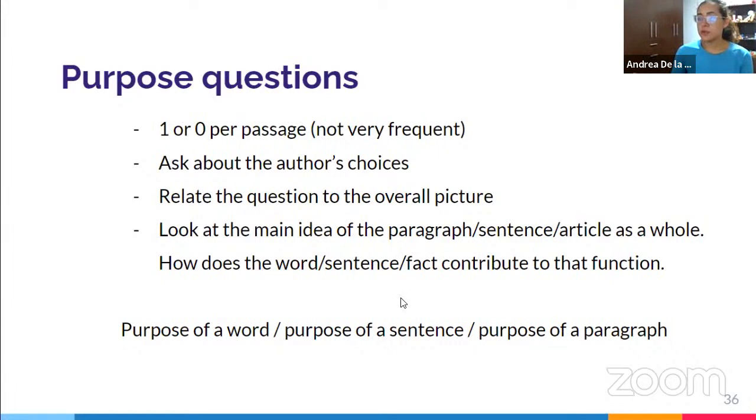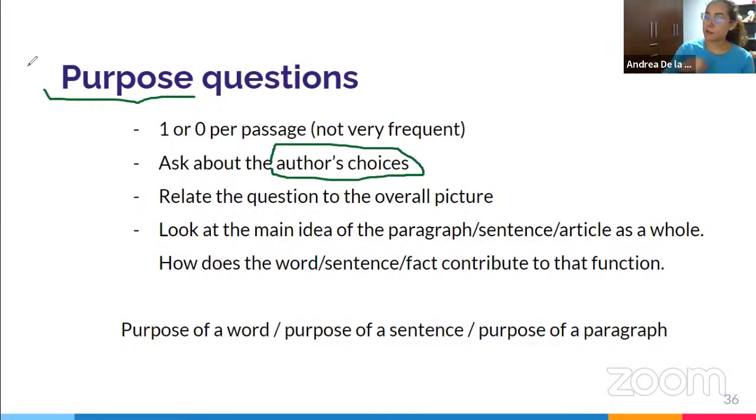Now, our next questions are called purpose questions. And as the name says, they're going to be asking you for the purpose or the reason behind the author's choices. So they're going to ask about why the author, that means the person who wrote the text, mentioned or discussed something, or used one word, one quote, one phrase, one sentence, one example.